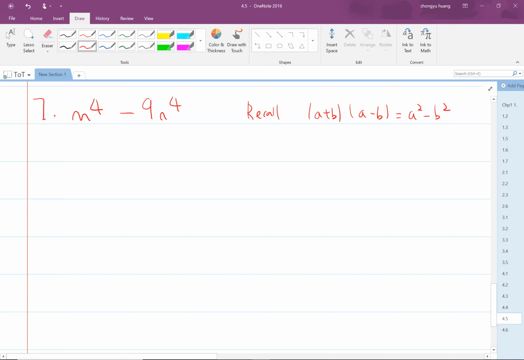So basically, how you think about which property or which method you want to use is by thinking about how you can factor before you actually try to factor a question.